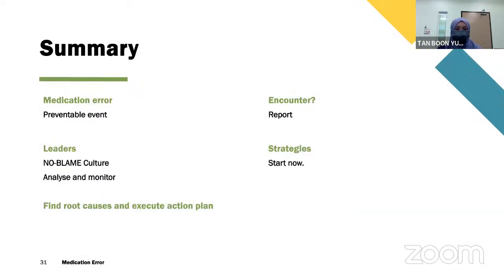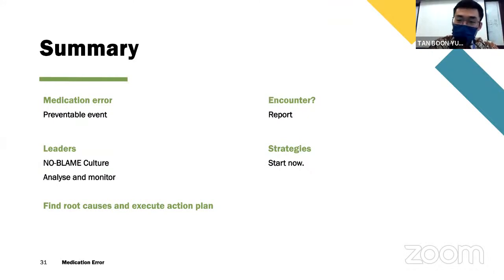Okay, for the summary. Hello, I'll be summarizing the whole sharing session. First, medication error is preventable. We must always remember that these errors are avoidable and can be prevented from reaching the patient if we all cooperate properly.